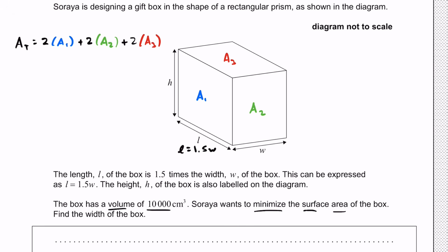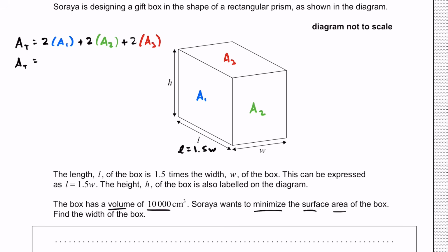So we can just work with L and then substitute 1.5 W. Actually, let's do that. I think that's going to be the most clear way to show exactly what we're doing. All right, so let's add up each of these faces. Start with A1.